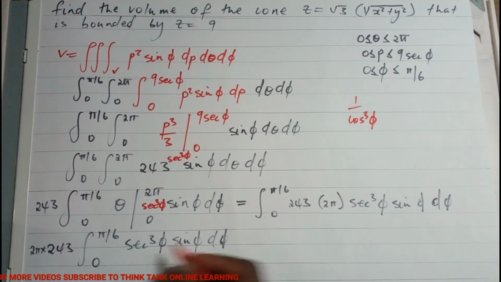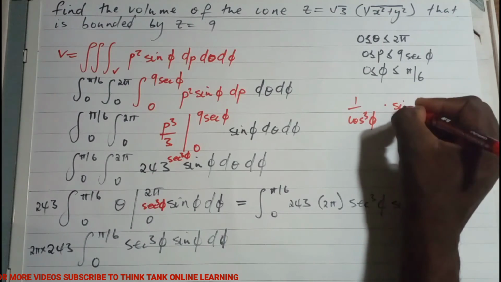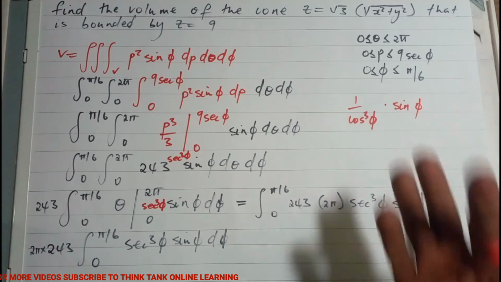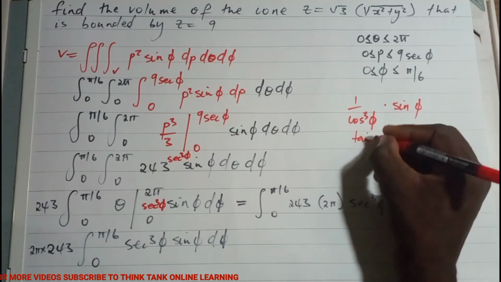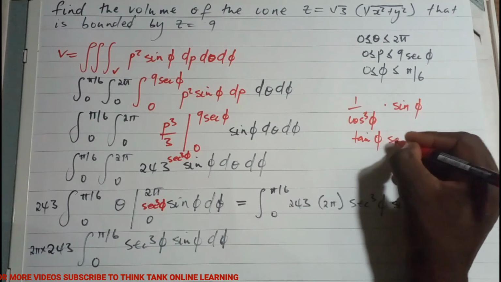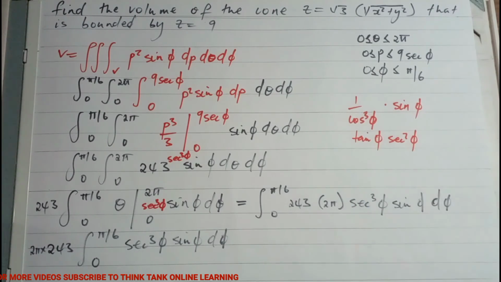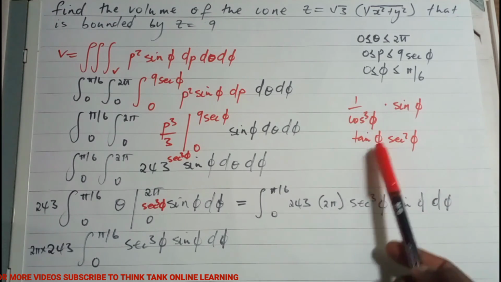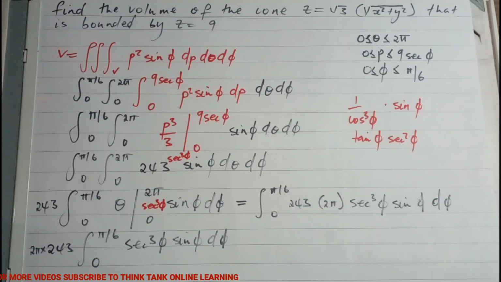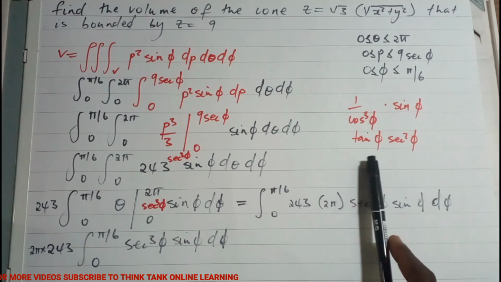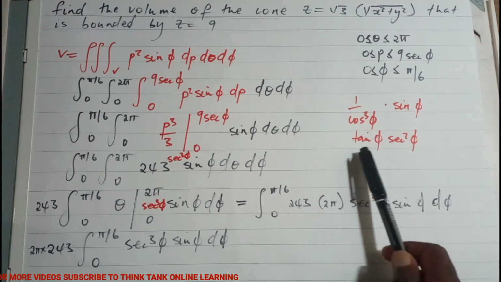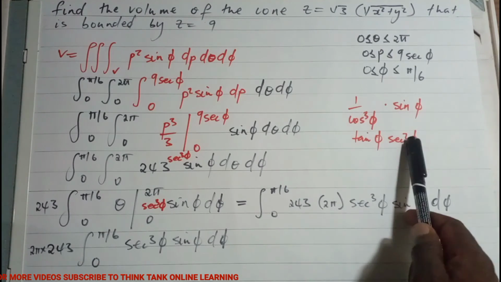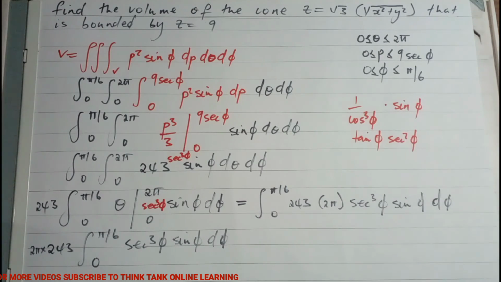So if we say cos to the power 3 phi times sine phi, sine over cos, we're going to get tan phi secant phi. Now with this inside an integral, I'm going to use substitution. I'm going to let u be equal to tan phi, so that the moment I differentiate tan phi, I'm going to get secant phi, so that secant phi is going to cancel.